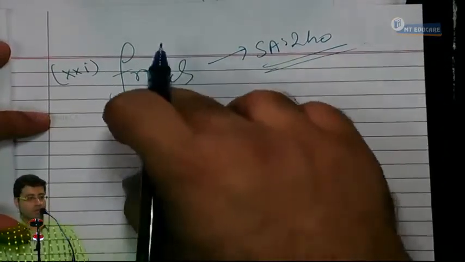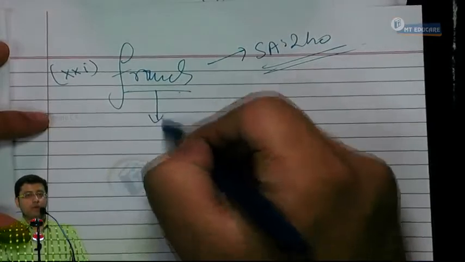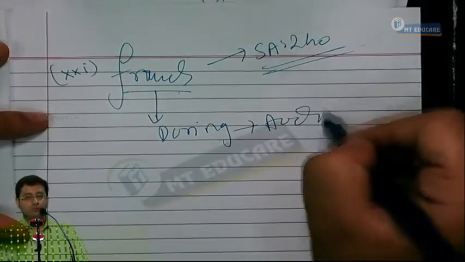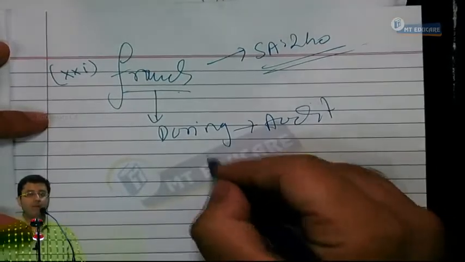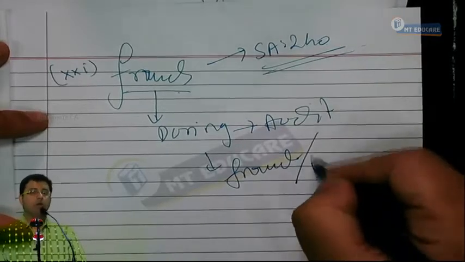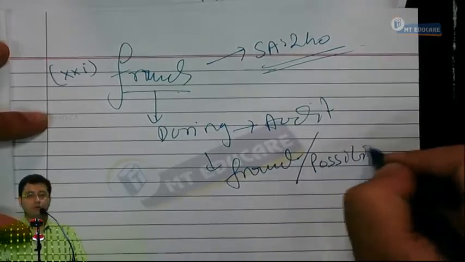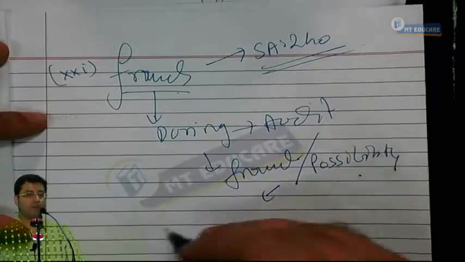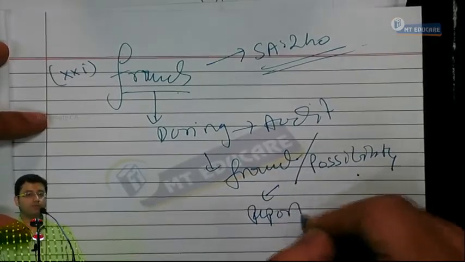What do you mean by this clause? It's very simple. During the course of audit, when an auditor is auditing financial data, if he notices a fraud or a possibility of a fraud, then as per CARO, he has to report the fraud.